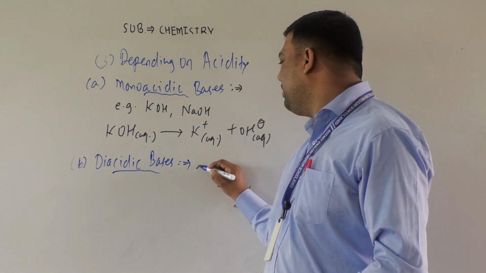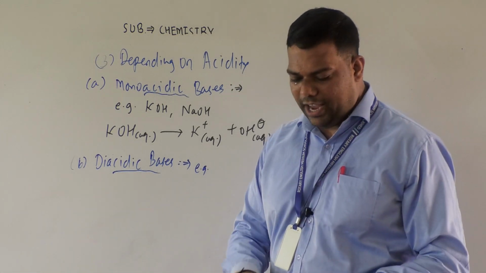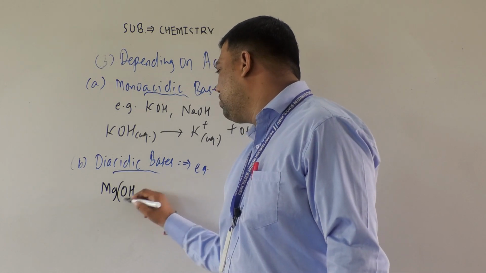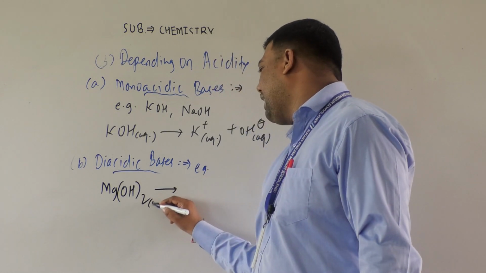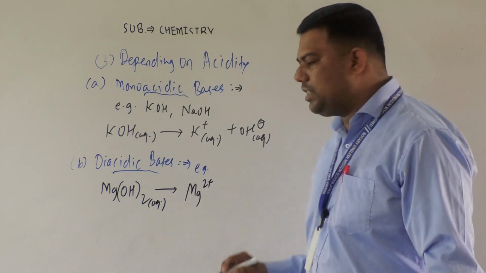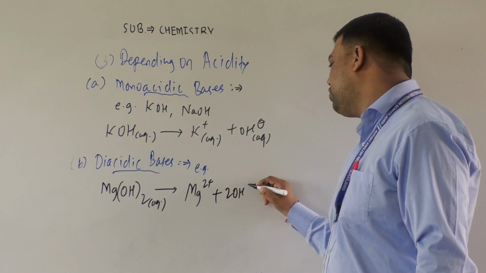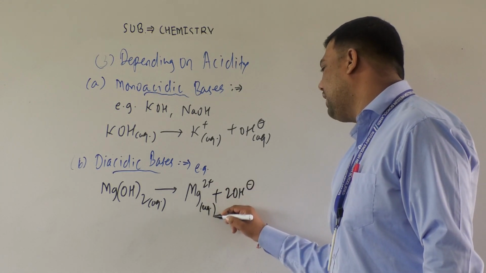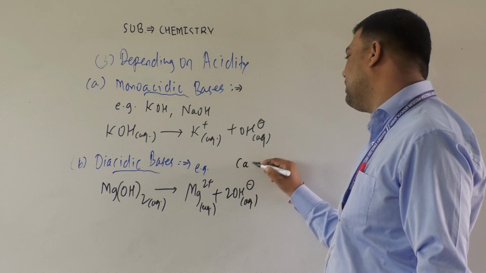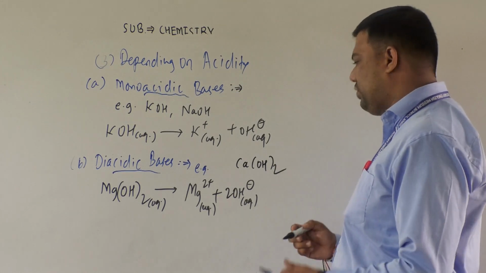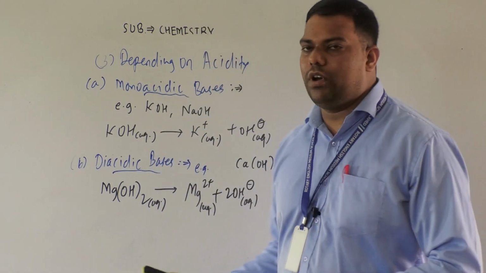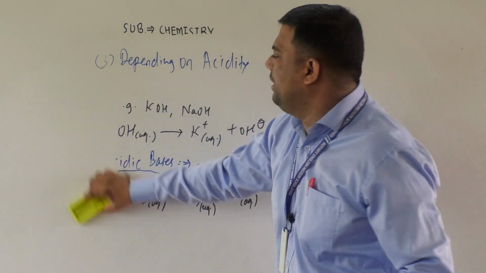Examples: magnesium hydroxide, Mg(OH)2, in aqueous solution gives Mg2 plus aqueous and 2 OH minus aqueous. One more example of a diacidic base is calcium hydroxide. So these are examples of monoacidic and diacidic bases.